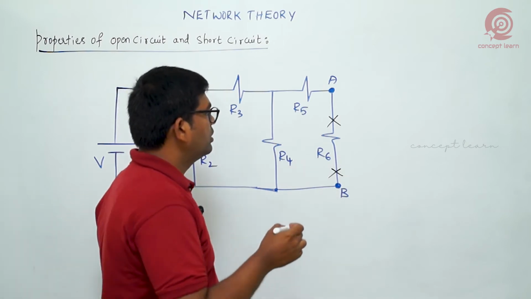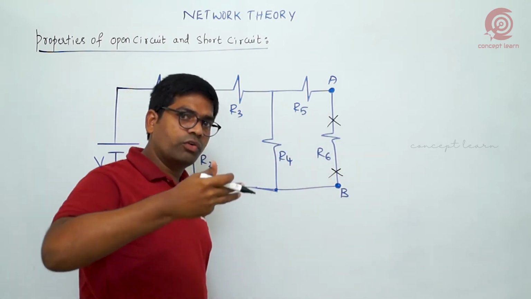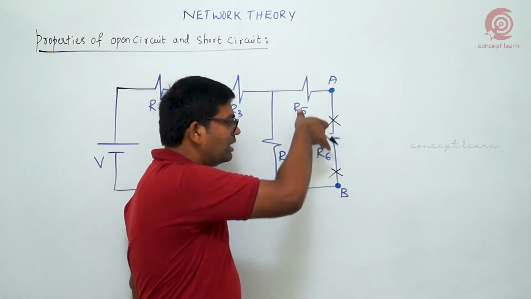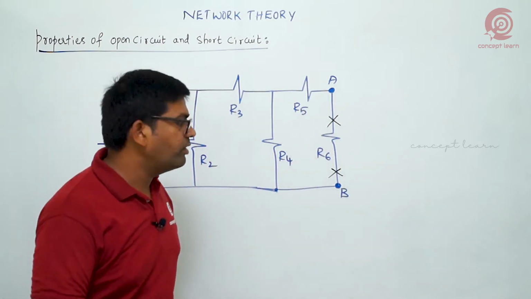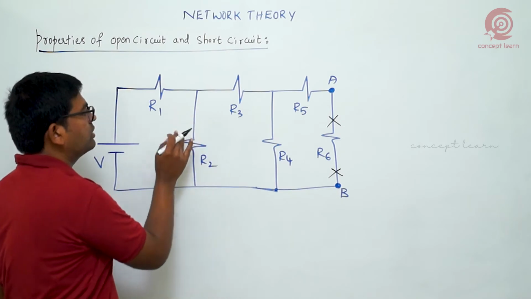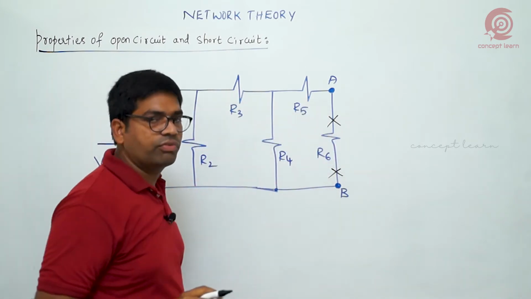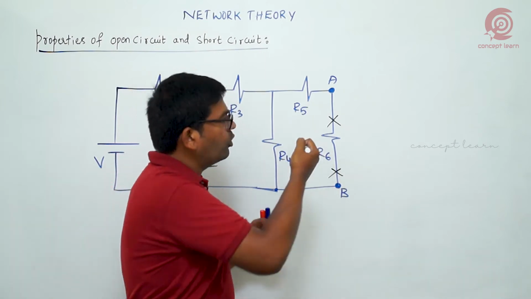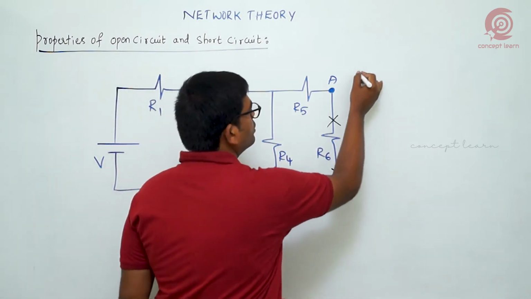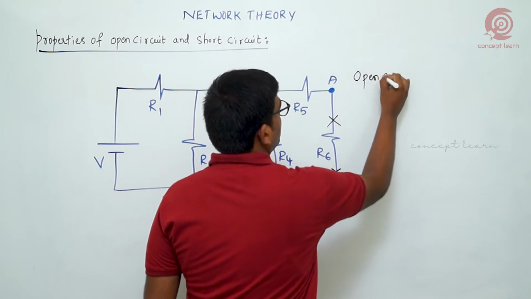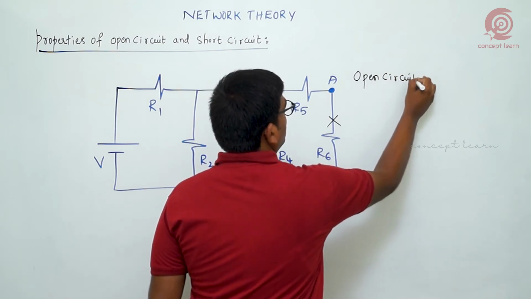terminals, earlier, before opening that, some current will definitely be flowing through it, based on the equivalent resistance and current division. When I make that open circuit, we observe the open circuit behavior.